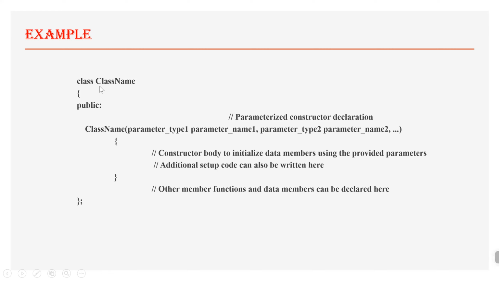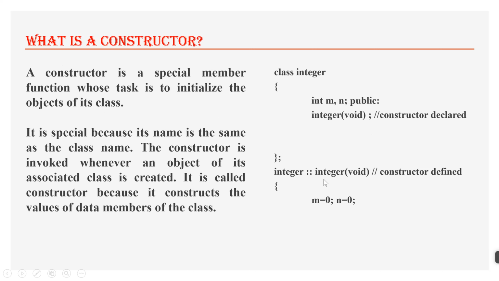See, what I mentioned here is I declare a class with a class name and I call a class name. There's a condition for constructor. Just look at here. Here I am defining a parameter. The name, parameter, the name, parameter, the name. See, in the previous case I have not taken any arguments.